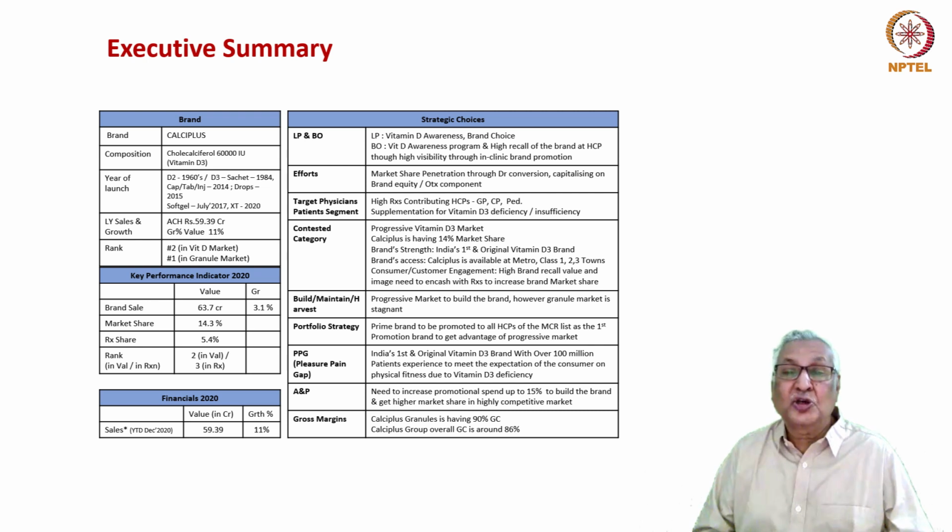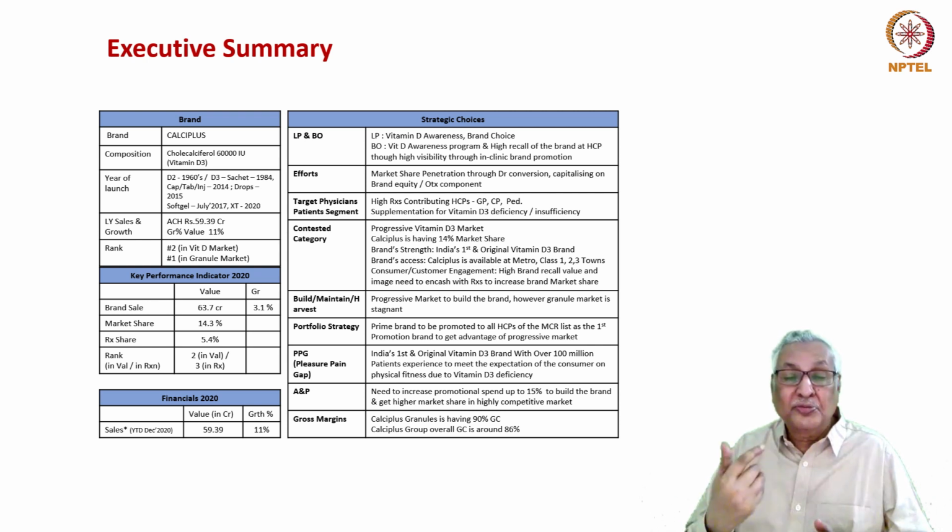What are the strategic choices that the company has in terms of building brand awareness? What are the efforts that are required? Who should be the physicians that are targeted? Who should be the patients who are targeted? What is the broader category in which the contest of the brand is going to take place?